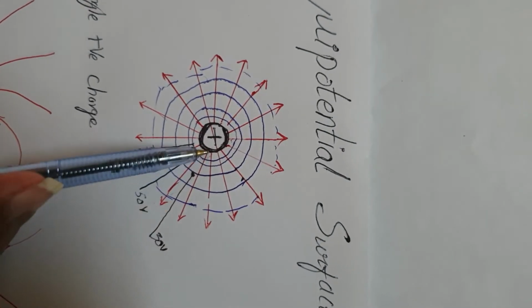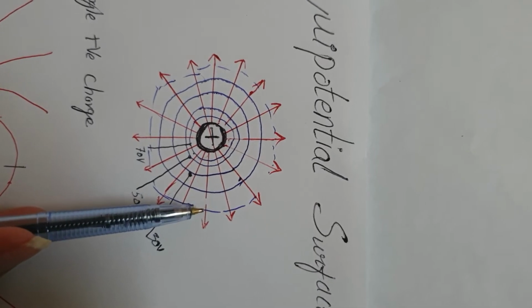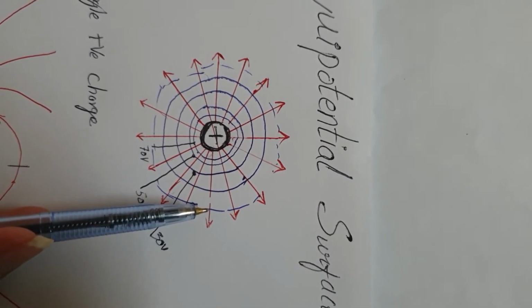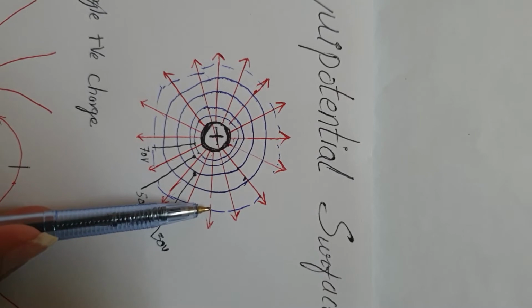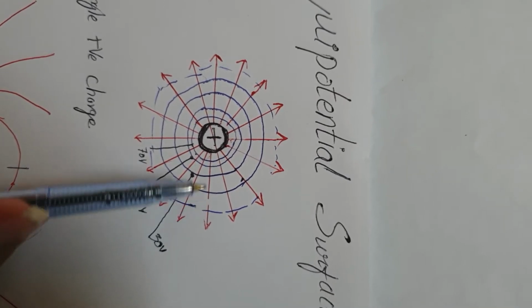So at large radii, the electric field is weak and the equipotential surfaces are far apart.